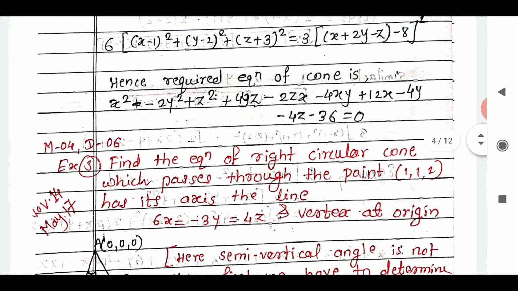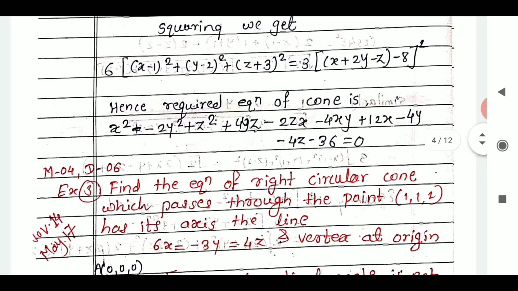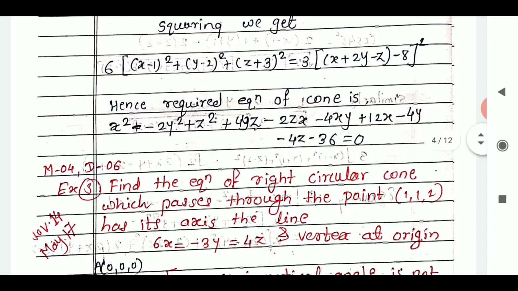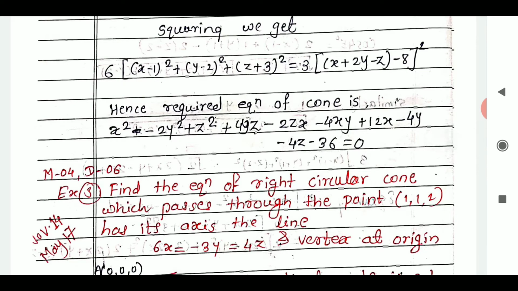Here, in this example, we are given the vertex, which is the origin, we are given the axis line 6x = -3y = 4z, and we are given that the cone passes through the point (1, 1, 2).